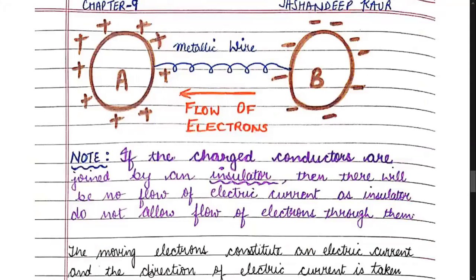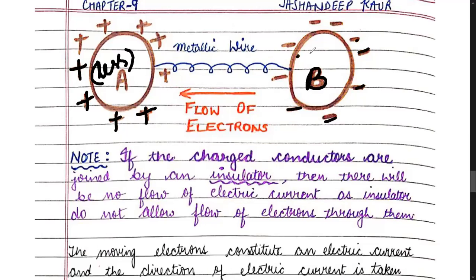And the third case. In the third case, now the electrons are arranged in a manner that sphere A is having positive charge. That means it has lost some electrons and therefore it is having less charge, while sphere B is having negative charge.